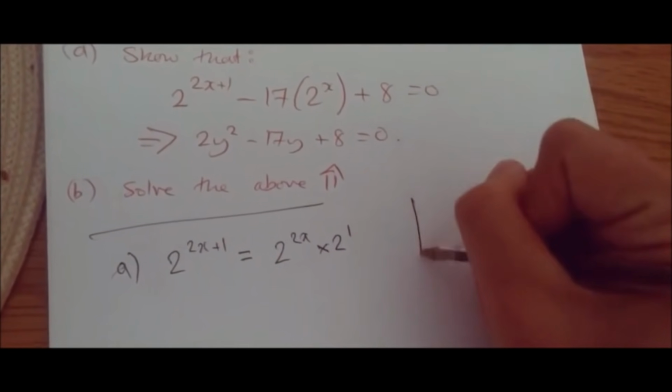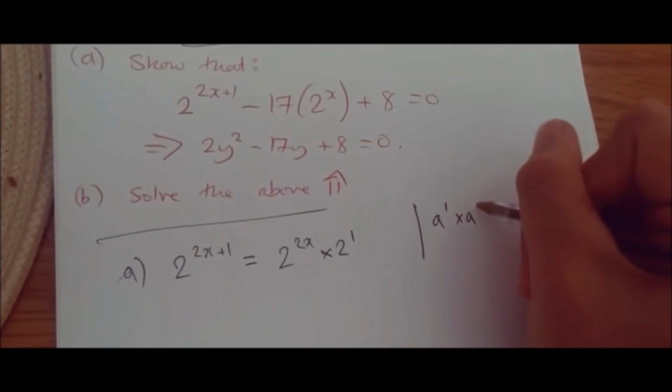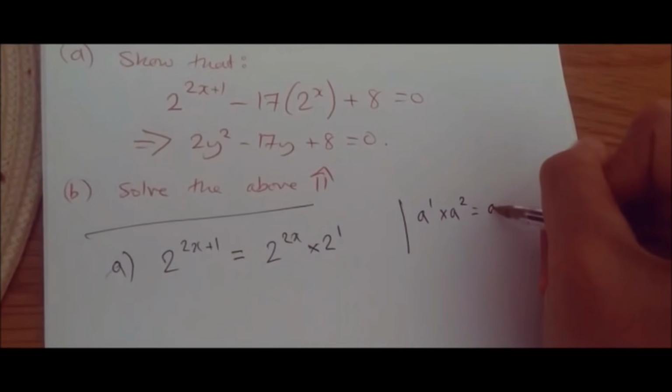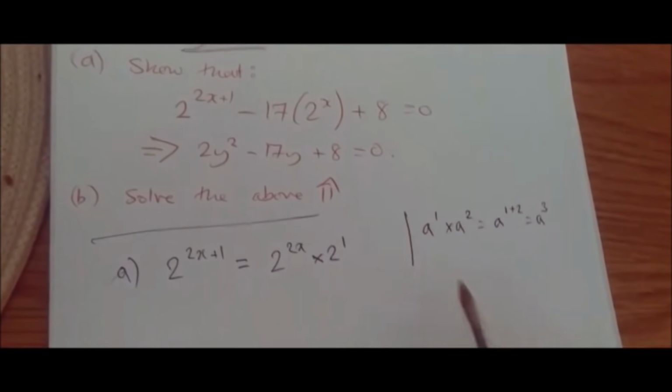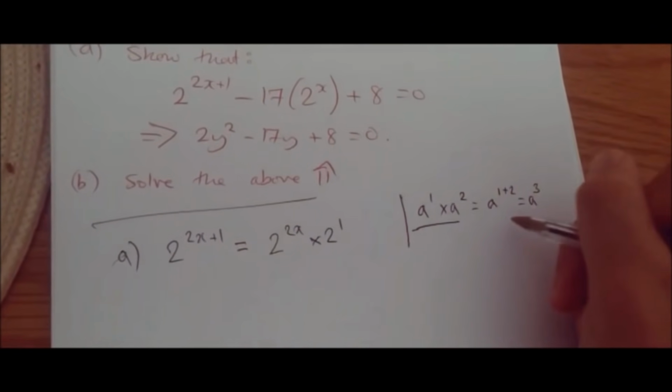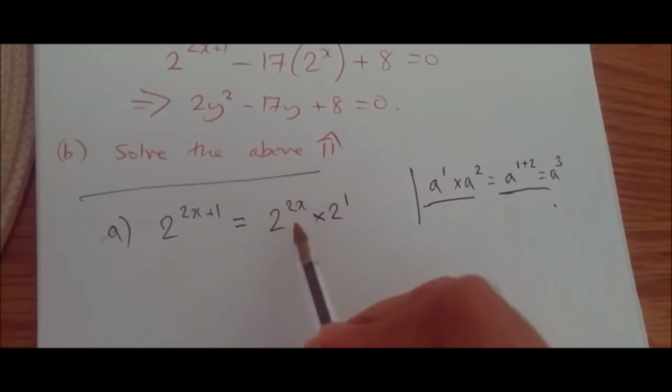Because if you remember, a to the power 1 times a to the power 2 equals a to the power 1 plus 2, i.e. a to the 3. It's just a simple case, really, isn't it? So what do we do here? Now we've done this, how do we separate this part?